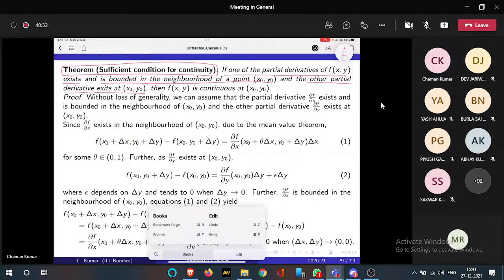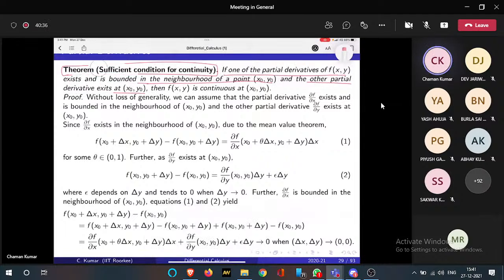In the previous examples, we saw that if the function is continuous, this does not mean the partial derivatives will exist, and vice versa, if the function has partial derivatives, this does not mean the function is continuous.